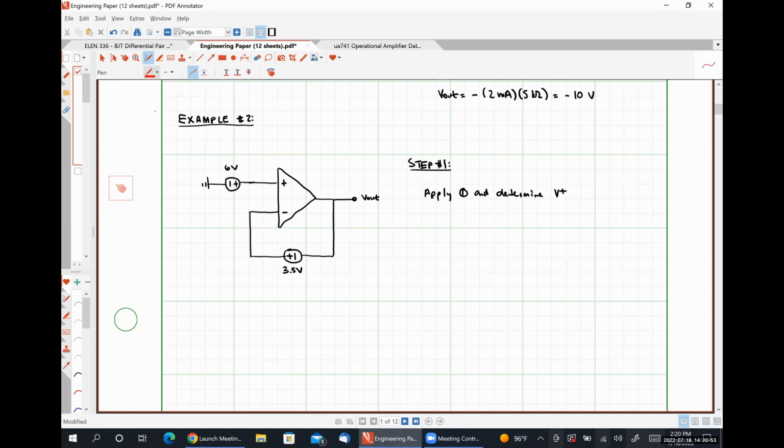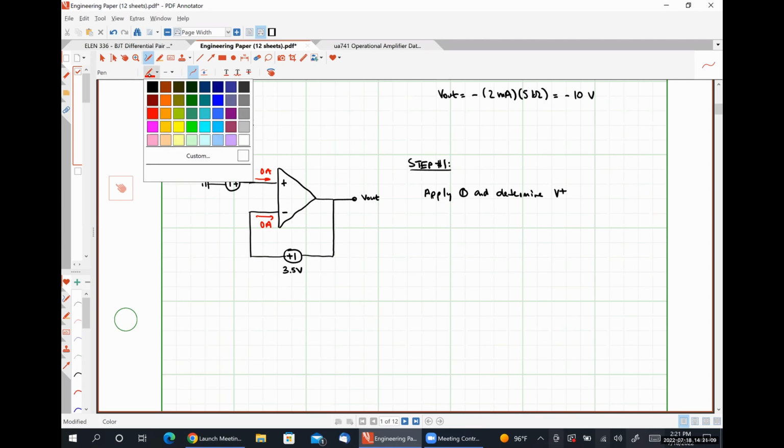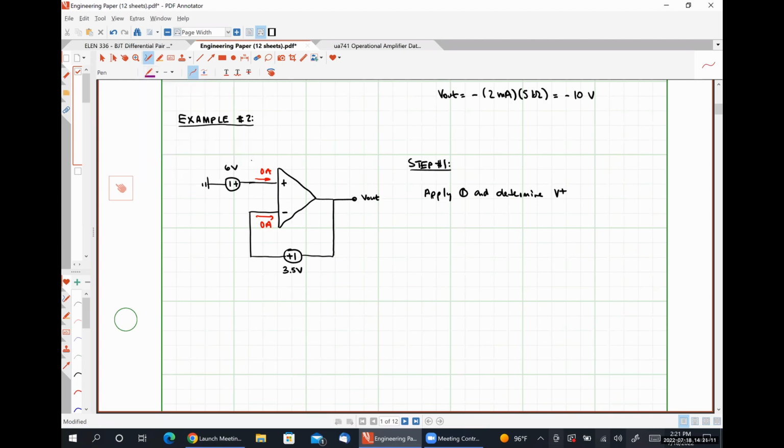So for rule number one, we know that this current has to be 0 amps. And this current has to be 0 amps. By inspection then, this voltage V plus must be 6 volts.